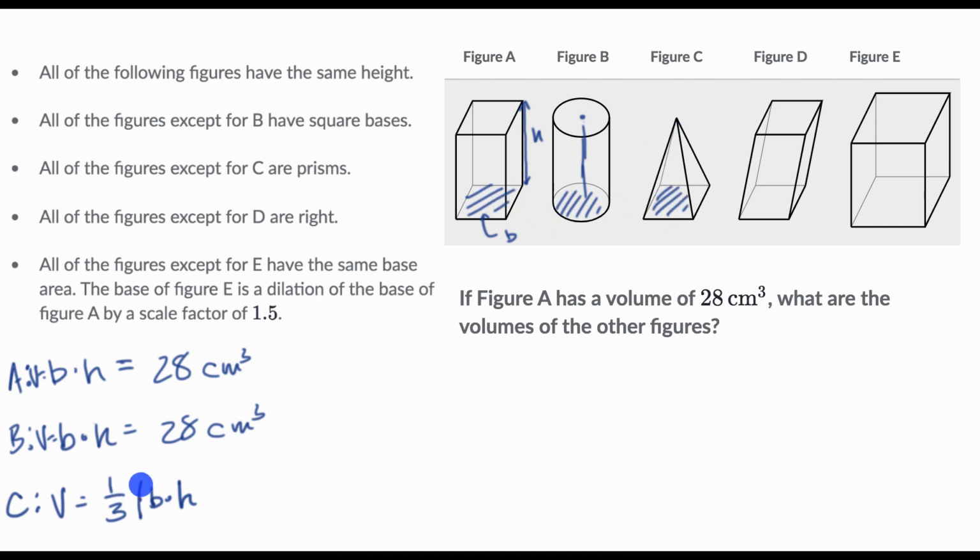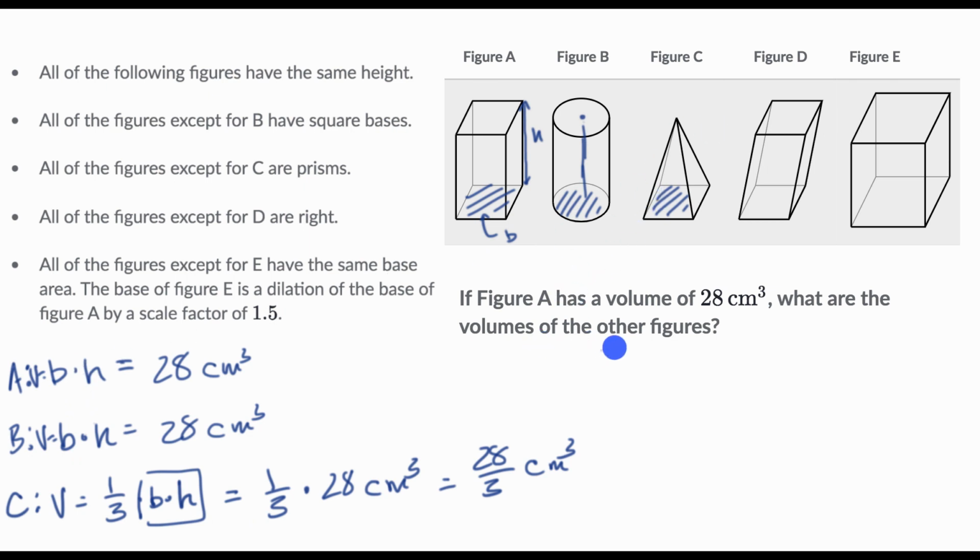And so we know that base times height is 28 cubic centimeters. So this is going to be 1/3 times 28 cubic centimeters, which we could rewrite as 28/3 cubic centimeters. You could also write that as 9 1/3 cubic centimeters. So that's for figure C.